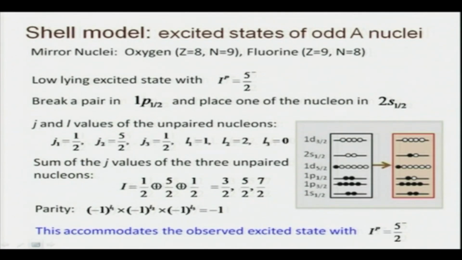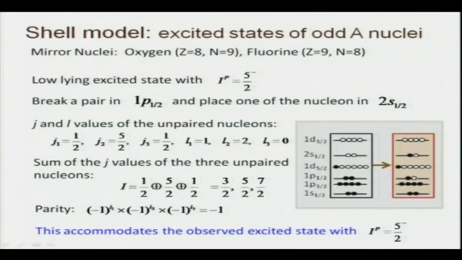So, that gives plus 1 and L1 equal to 1 gives you minus 1 and the resultant parity is expected to be minus. So, we have a possibility of 5/2 minus with parity conserved in this case. So, this is a possible explanation certainly, and this is one of the possibilities.